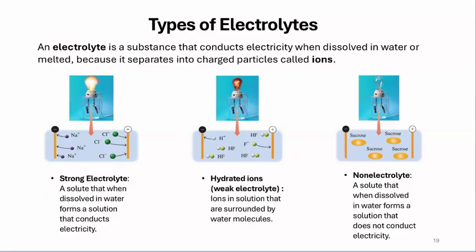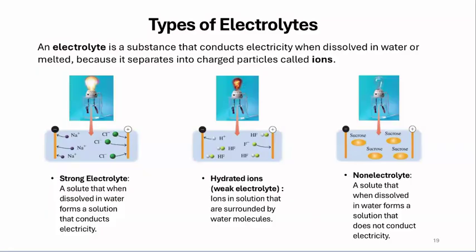And since it only partially ionizes, and we see mostly molecules and only a few ions, this is going to show a weak conductivity of electricity. And we see this reflected as a dim light in the light bulb.